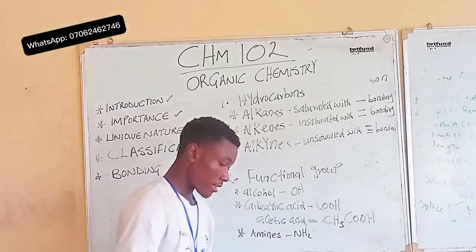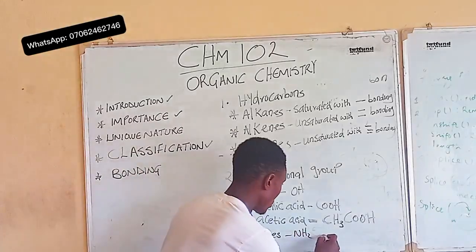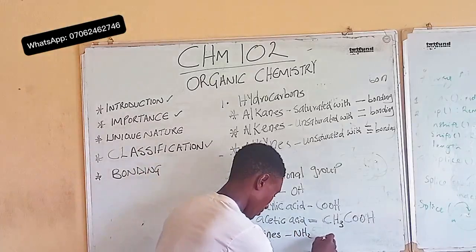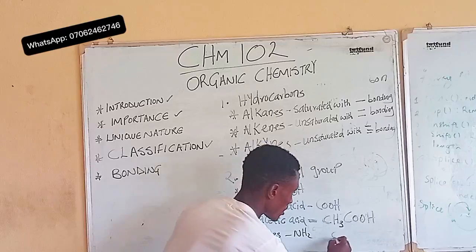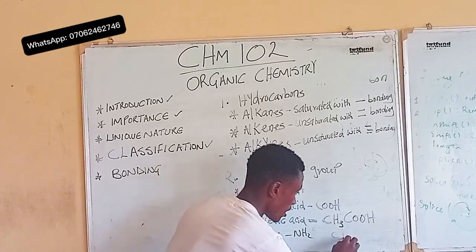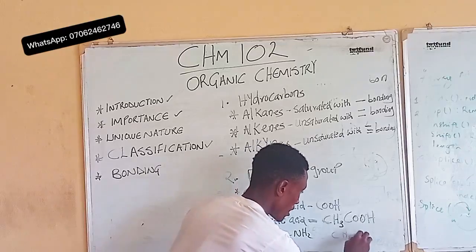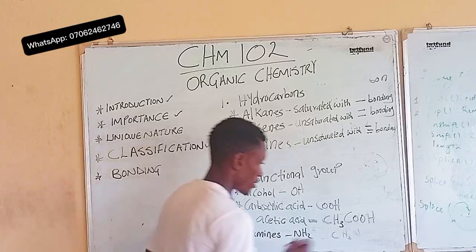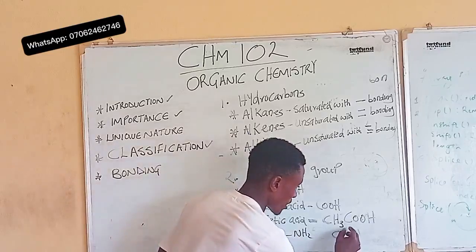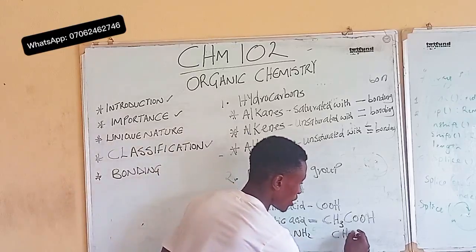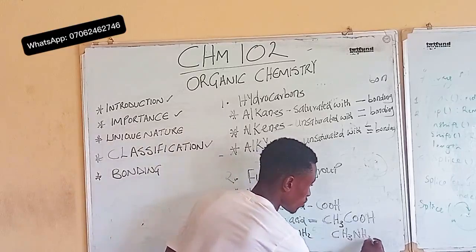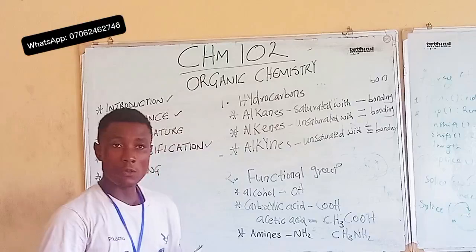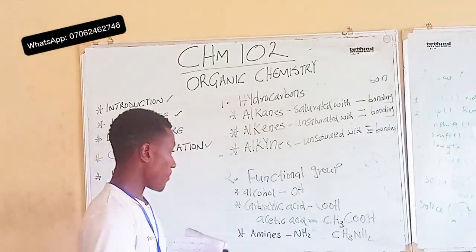So let's have it. We are going to see something like this: CH3NH2. So this is simply methylamine.